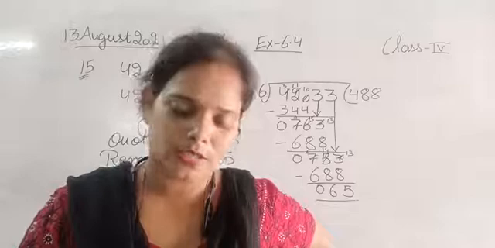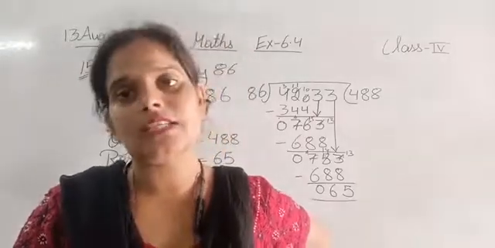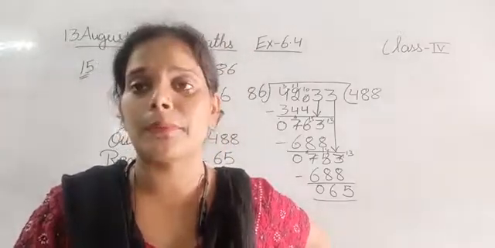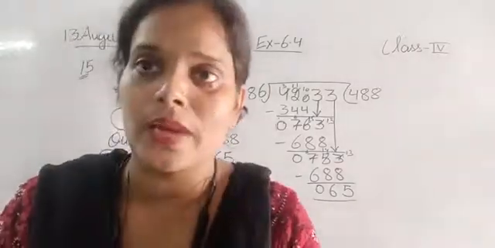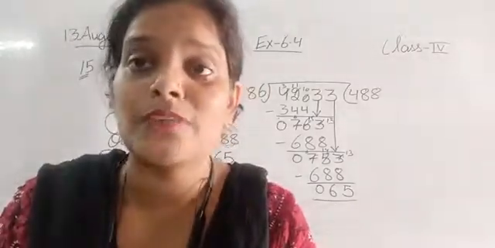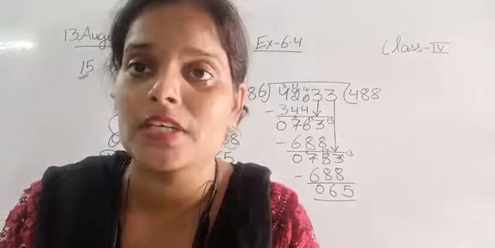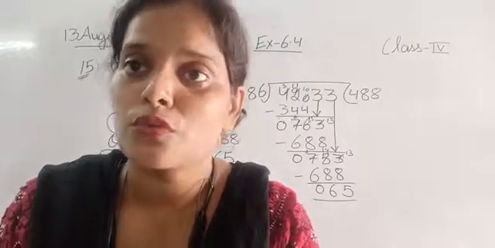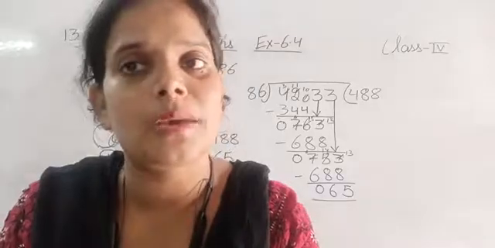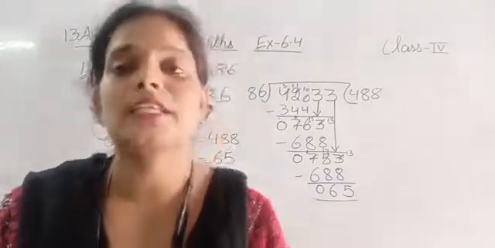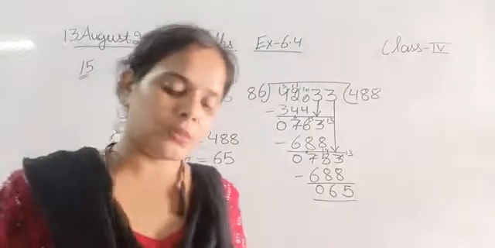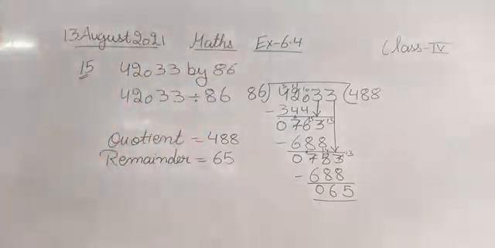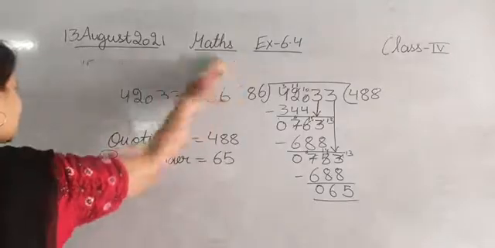To check the answer, we will apply the same formula that we used while doing division by a one digit number: dividend is equal to quotient multiplied by divisor plus remainder. So let's move to question number 16.